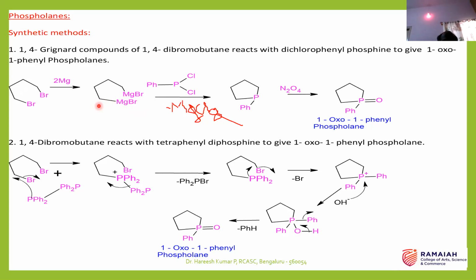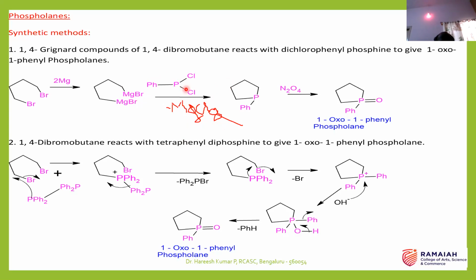This carbon attains a negative anionic nature. Now this bond pair can attack the electron-deficient phosphorus and chlorine will go out. Similarly, this bond pair will attack here, and Cl will go out. Here the leaving group is magnesium dichloride.